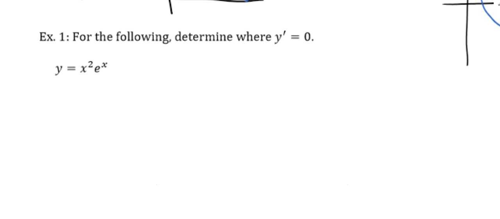All right, let's take a look. For the following, determine where y prime equals 0. Calculus students in high school all over the world, if you ask them how would you describe calculus, or how would you sum it up, would say, take the derivative and set it equal to 0.